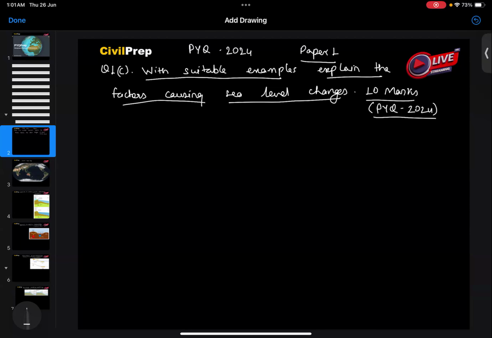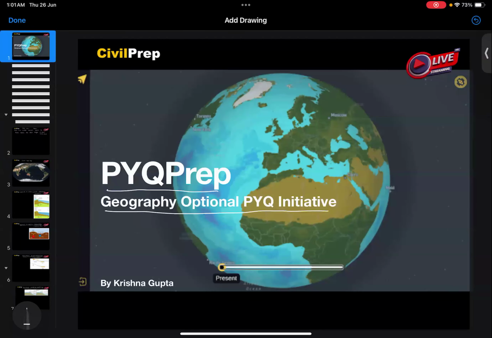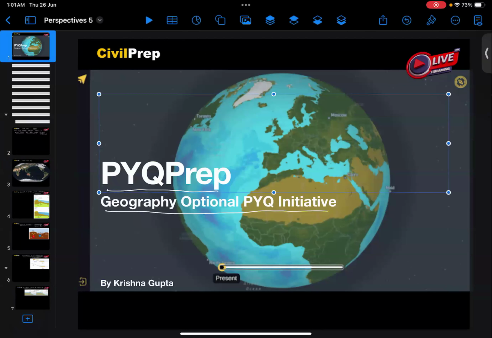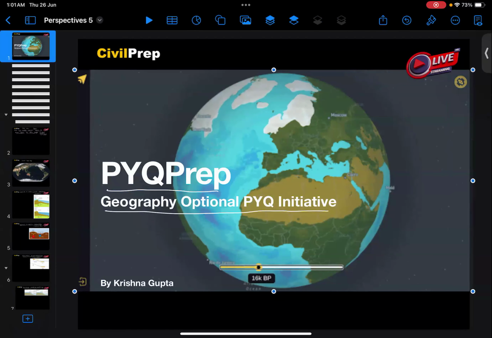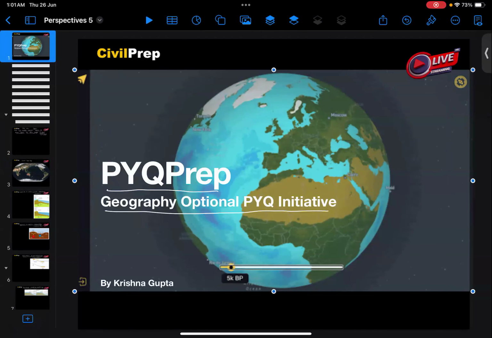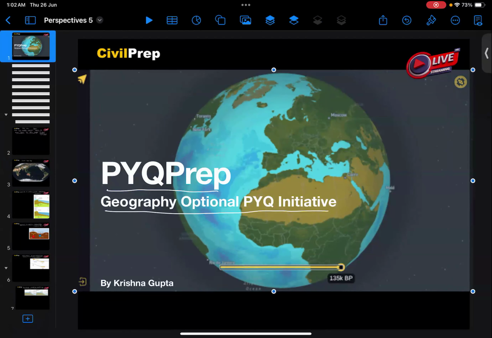To begin with the question, I would like to first show you how there was a change in the ice age, or Pleistocene ice age, during the last 135,000 years. Here we can see the North Arctic region, the European region, the North American region, the Arctic Ocean region, which went through various changes in the glaciers.